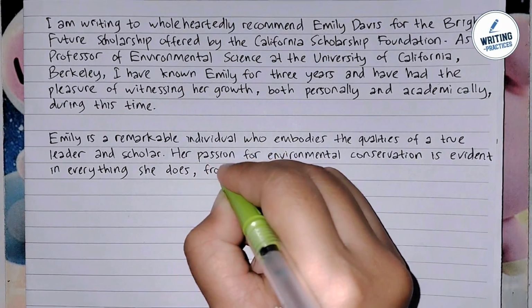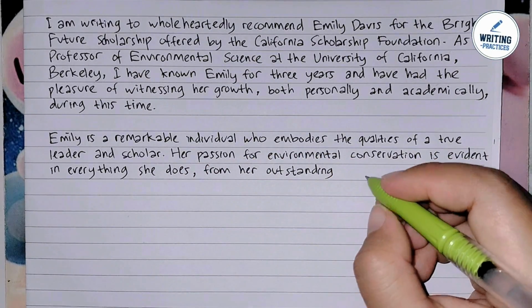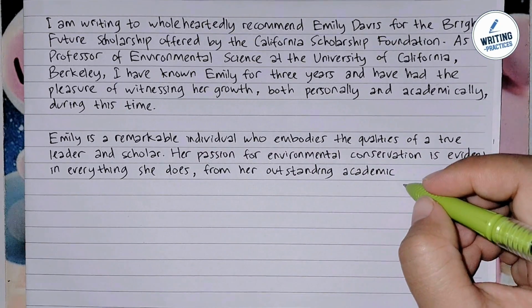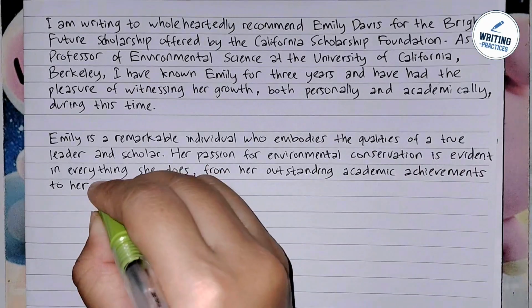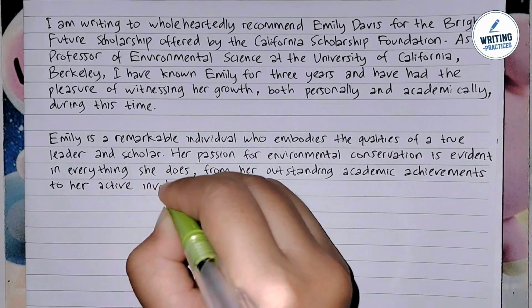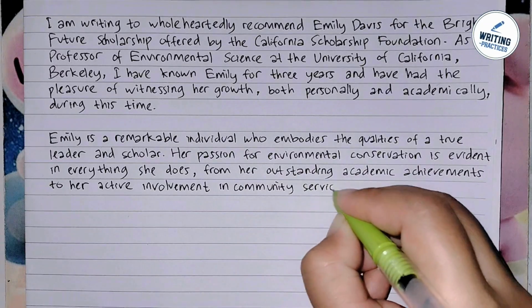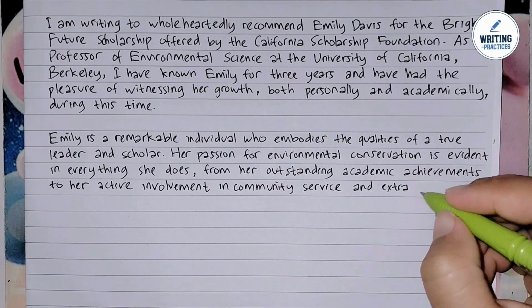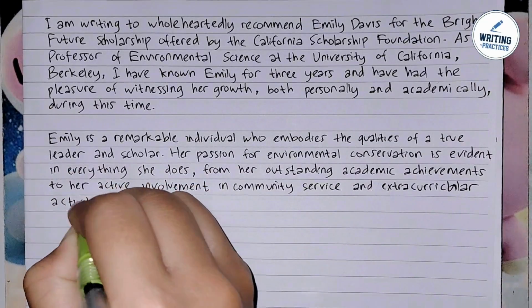Not only that, you must also mention any leadership roles, or participation in extracurricular activities, that demonstrate their ability to lead and inspire others. You can also elaborate it this way. Her passion for environmental conservation is evident in everything she does. From her outstanding academic achievements, to her active involvement in community service and extracurricular activities.